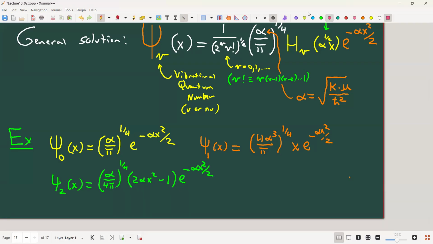And then finally, psi 3, our fourth level, excuse me, is (alpha cubed over 9 pi) to the 1/4. Kind of a funny number. You don't see 9 pi very often. That's just the way the math works out. Then 2 alpha x cubed minus 3x, times e to the minus alpha x squared over 2.